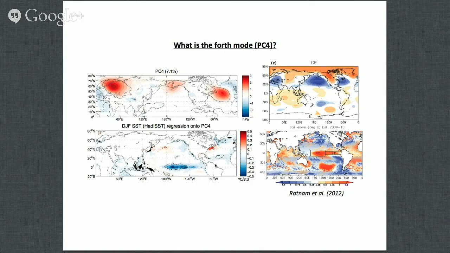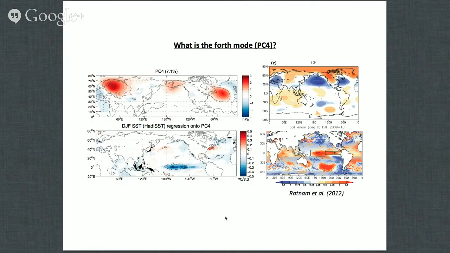I also regressed SST onto this PC4, and I have a quite substantial SST anomaly in the Central Pacific.